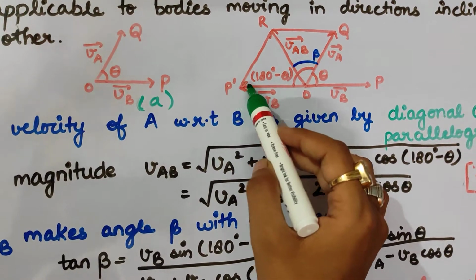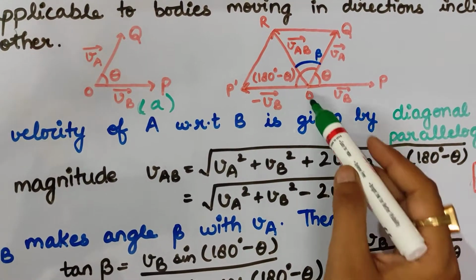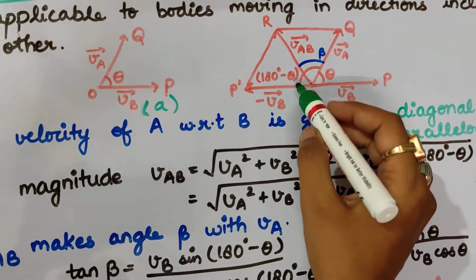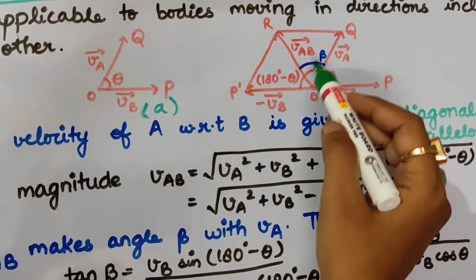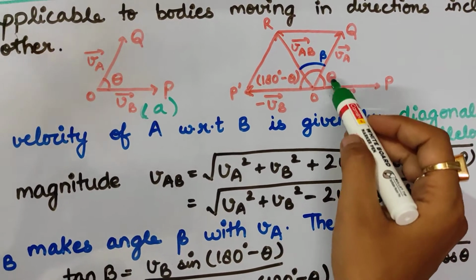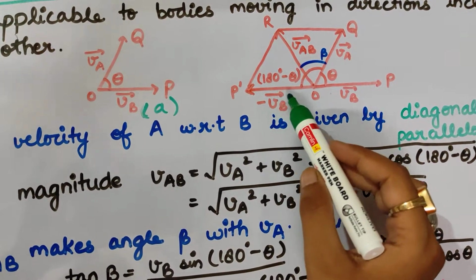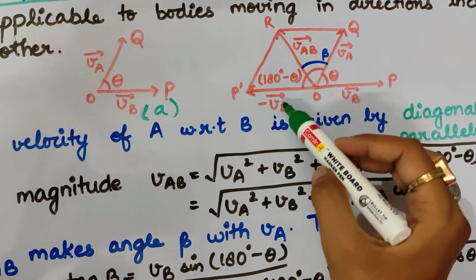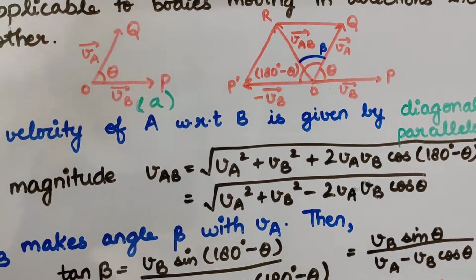How did this happen? As you can see, PP dash is a straight line, so the total angle on a straight line will be 180 degree, but VA is already making an angle theta with VB, so the remaining angle of minus VB with VA will be equal to 180 degree minus theta.